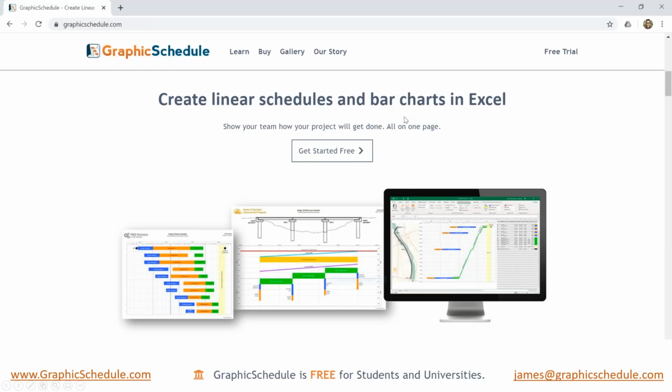I have a question from one of the attendees. Is it very hard for a person who is used to Primavera or to MS Project to think in a linear scheduling way? I don't think so. It took me one day to become used to linear schedule.